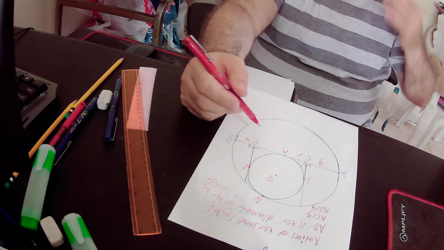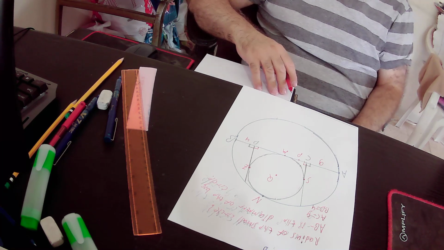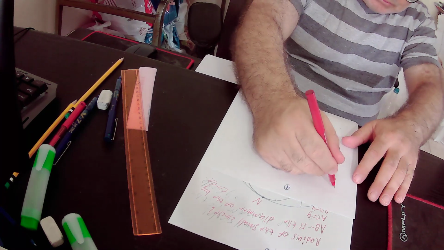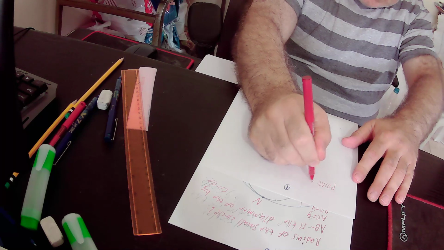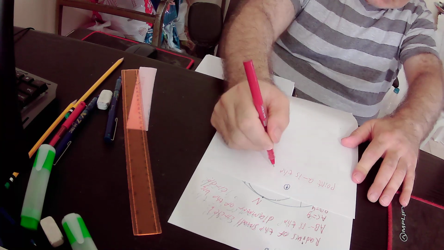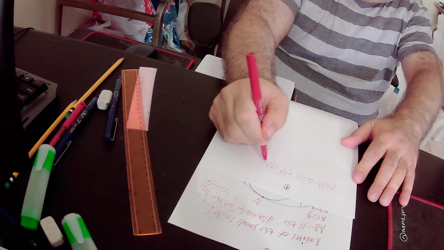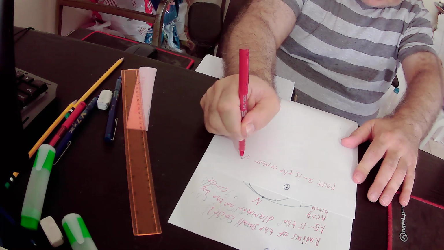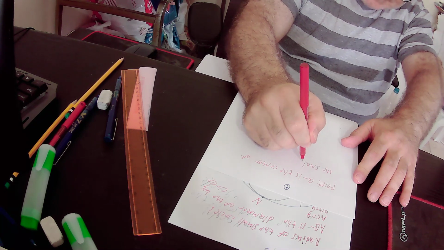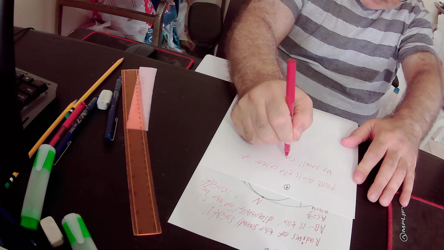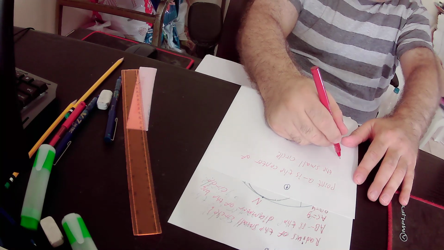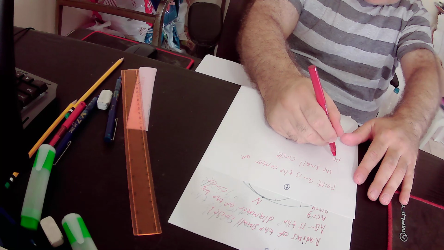And so I will write it down: point Q is the center of the small circle, and point P is the center of the big circle.